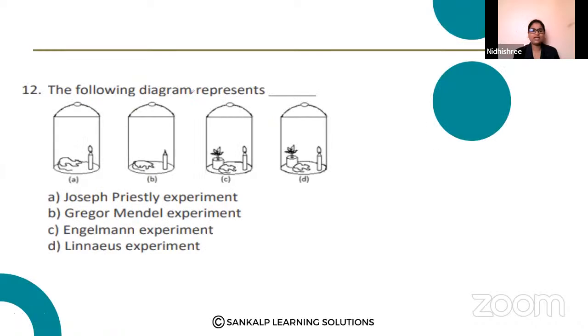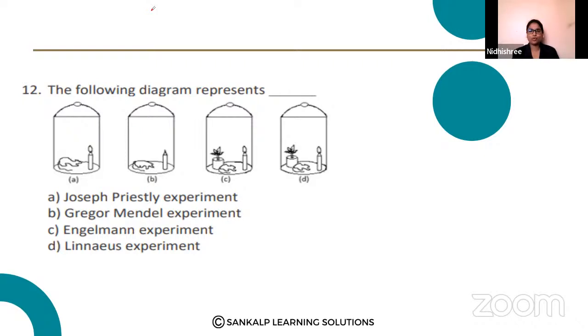12th question. The following diagram represents whose experiment? Joseph Priestley's experiment, Gregor Mendel's experiment, Engelmann's experiment, or Linnaeus's experiment. Very quick responses.